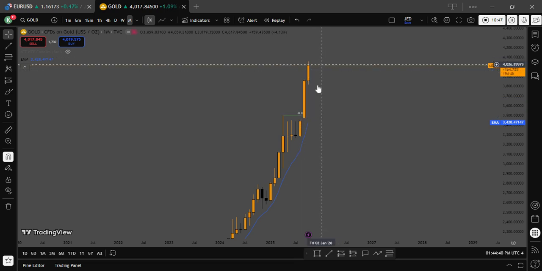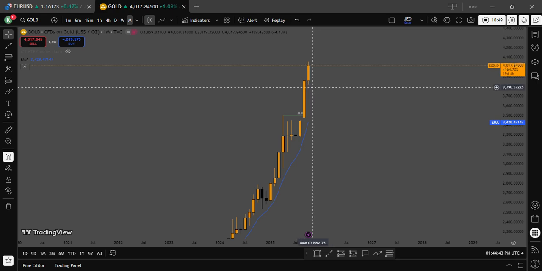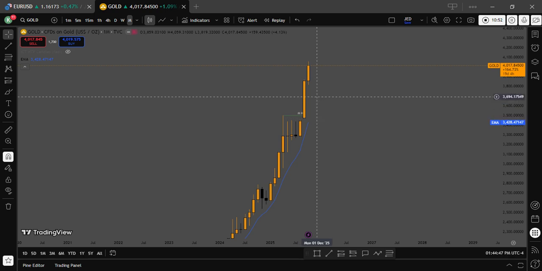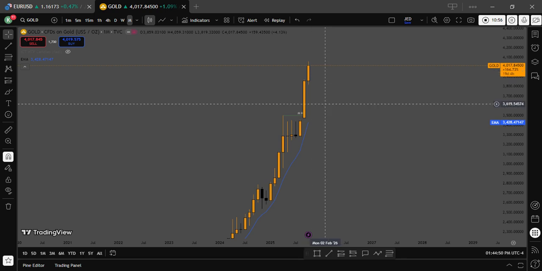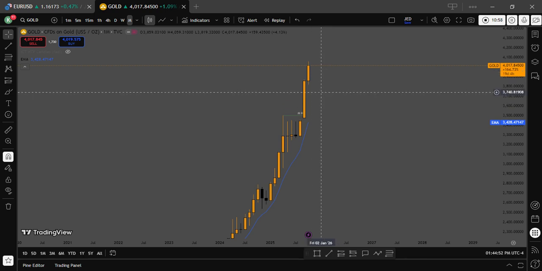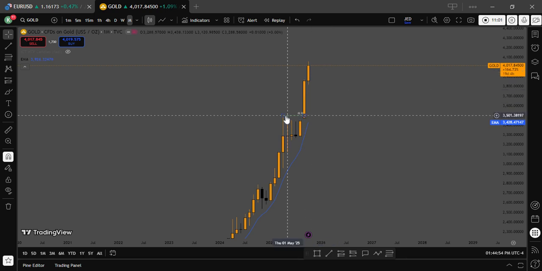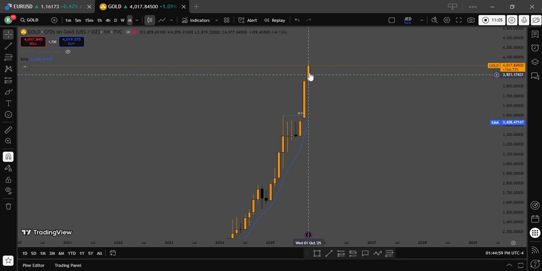Even though we might have some push down, we still have certain further pushes up. Right now, price hasn't gotten to a destination. We thought this high was the destination for price, but no, we didn't have it. In this current candle, we are looking to see if it does what we want.